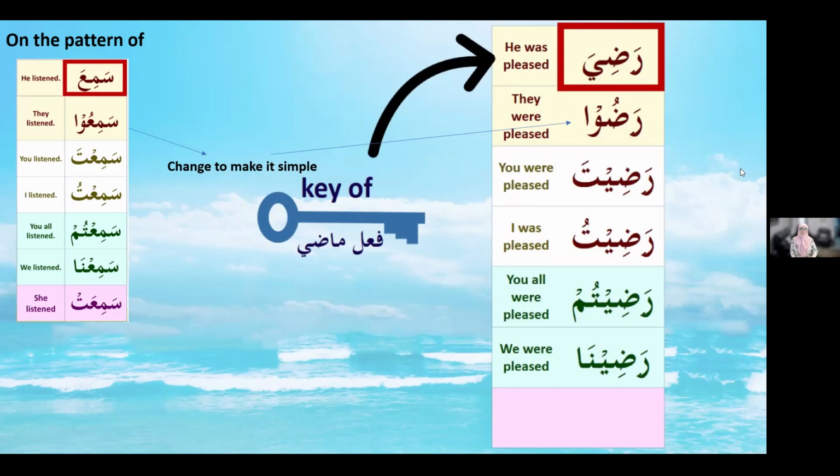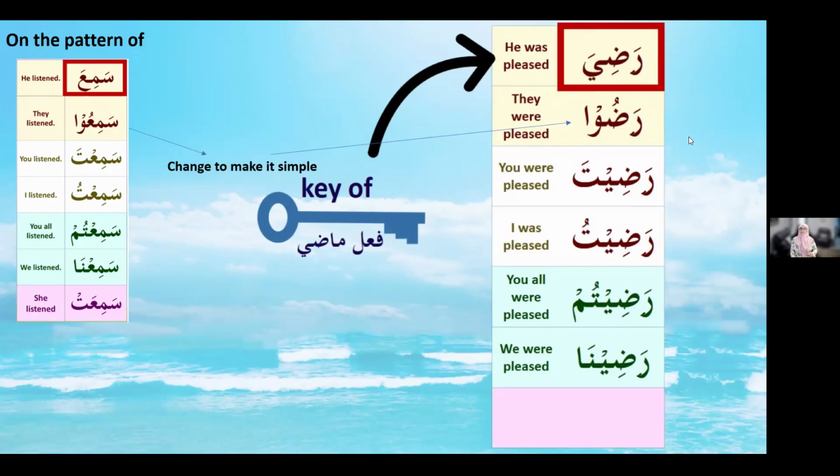But here, just now look at this. Sami'a, sami'u. But radiya, radiyu, you can't, how can you put 2 vowels over there to make it you? So we cannot make radiyu.